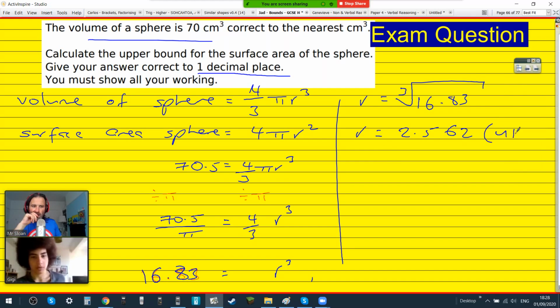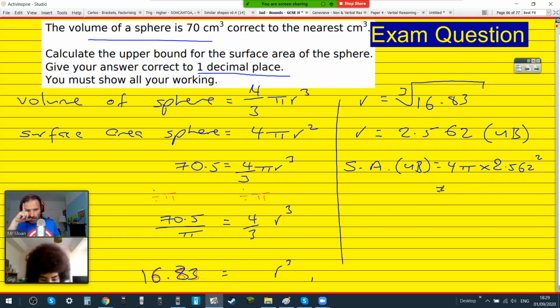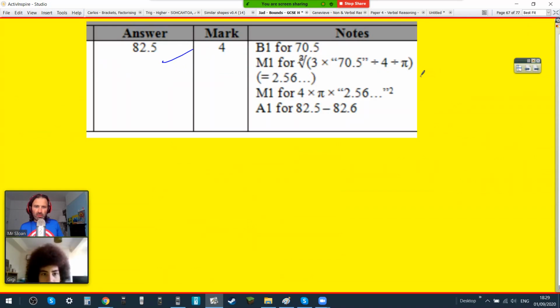So we would do 4 pi times radius squared. 82.53 or 82.5. 82.5, and that should be centimeters squared for area. 82.5, great.